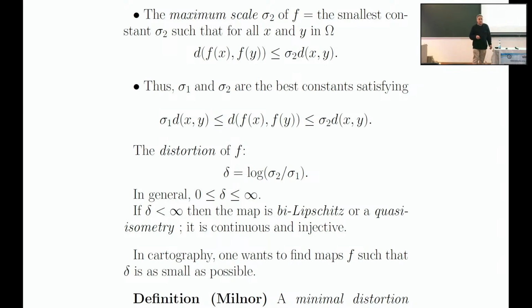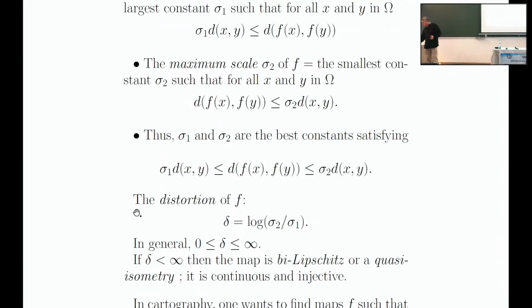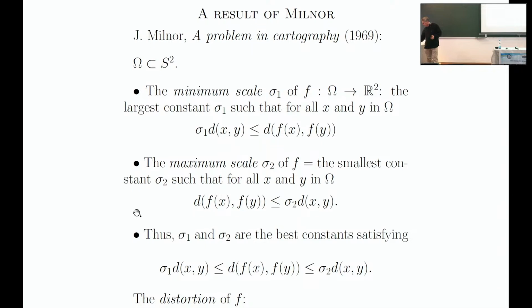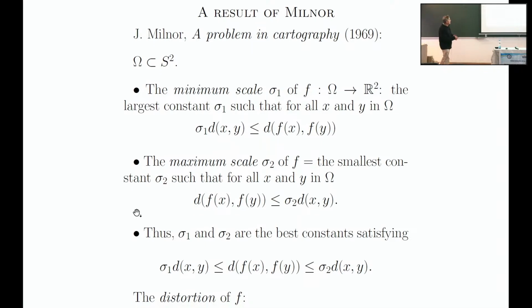Yes, you are right. In fact, I come back here. So here we take sigma 1 and sigma 2 as the best constants satisfying this. That is, sigma 2 is the smallest constant satisfying this inequality, and sigma 1 is the biggest constant satisfying this inequality.